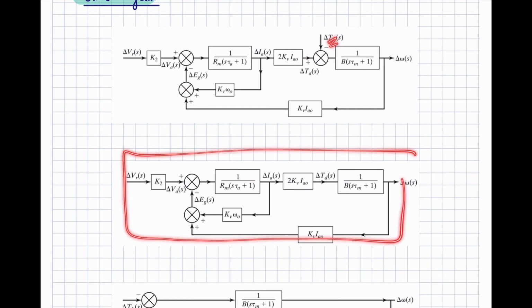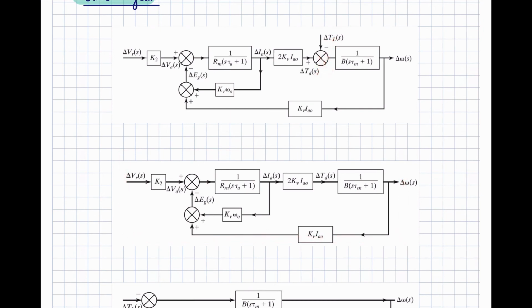As this is 0, this summer block will be excluded and delta TDS will be directly given to this transfer function. You can develop the net equivalent transfer function of your DC series motor from here, delta omega S related with the VR of S, that is the control voltage. So you can develop that transfer function. Let's suppose that is G1 of S.